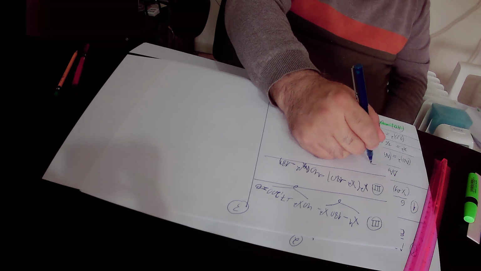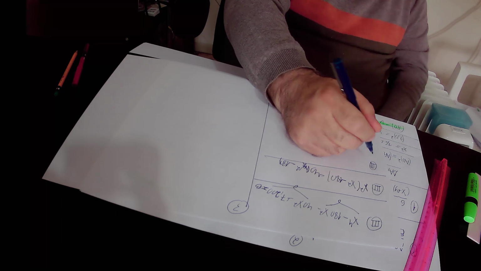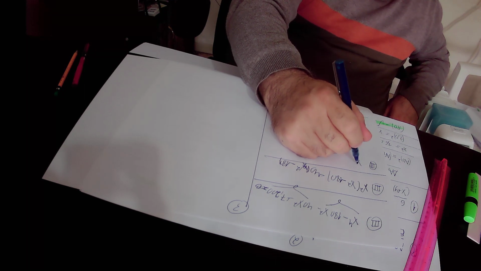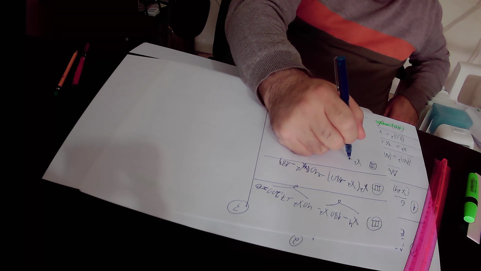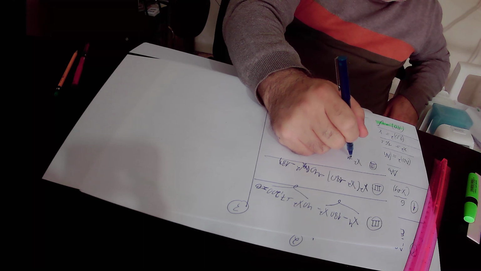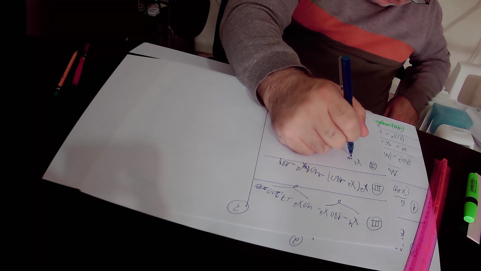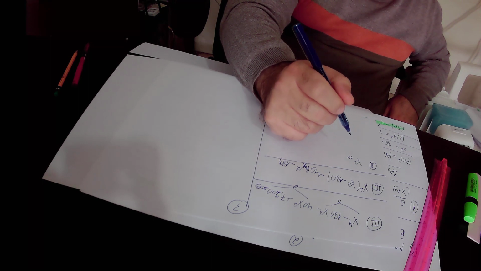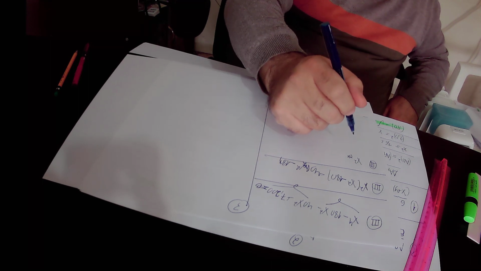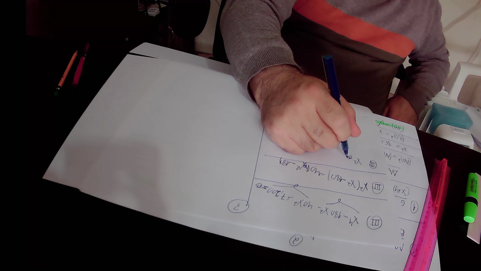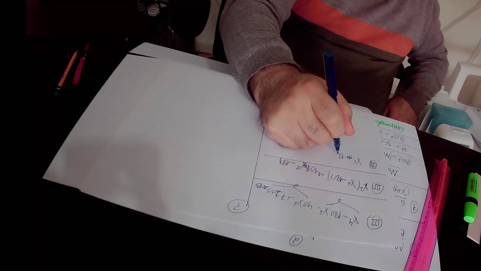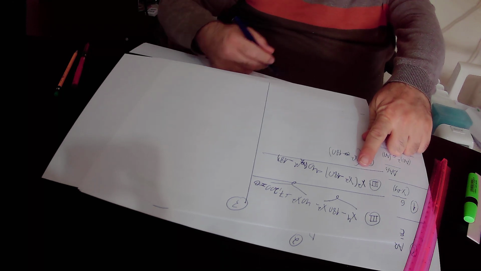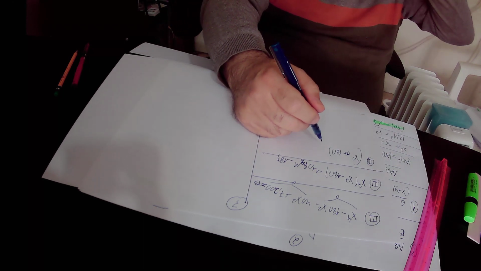So here we took x squared minus 180 as a common factor, and we get that x squared minus 180 times the remaining expression. What is left from this expression after we took from it x squared minus 180 as a common factor?